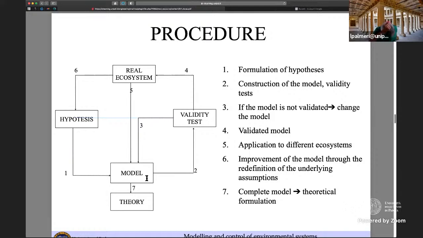So this is to explain the fact that even if real systems are very complex, even if our description is limited, even if we may only focus on certain specific aspects of the system, the result of having a complete working model is important in order to proceed into further theoretical understanding or theoretical formulation.